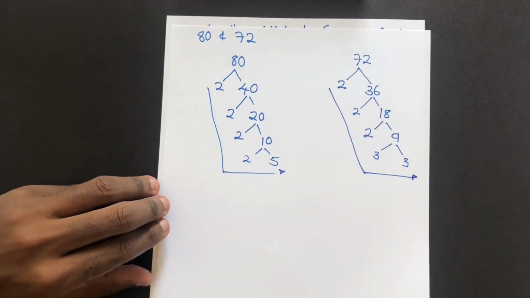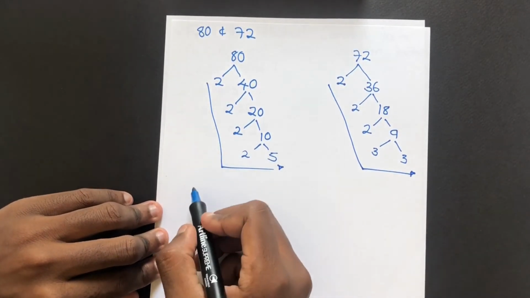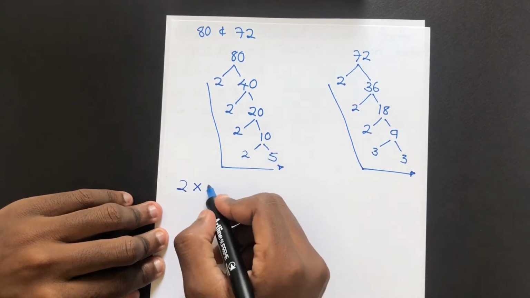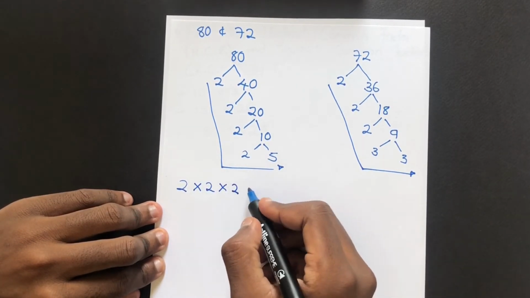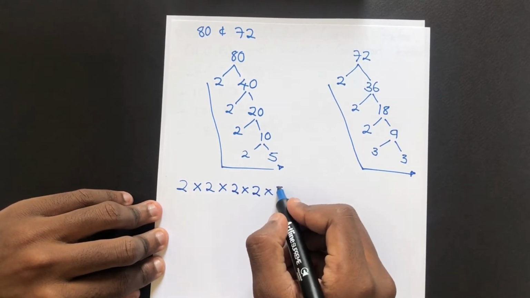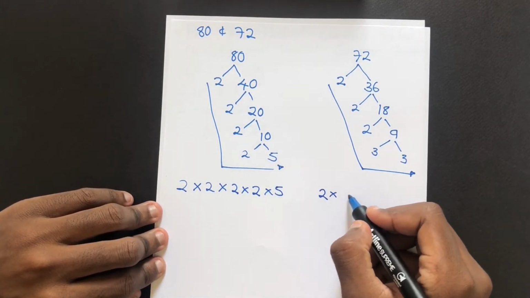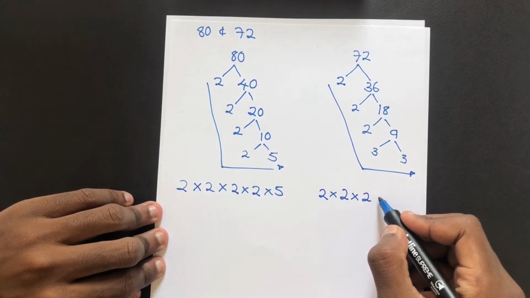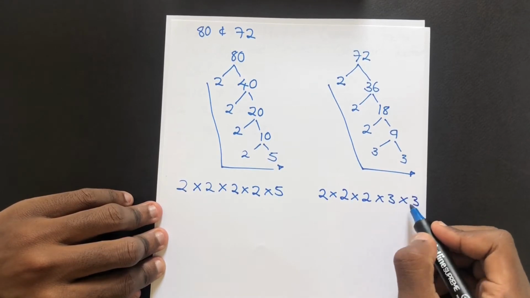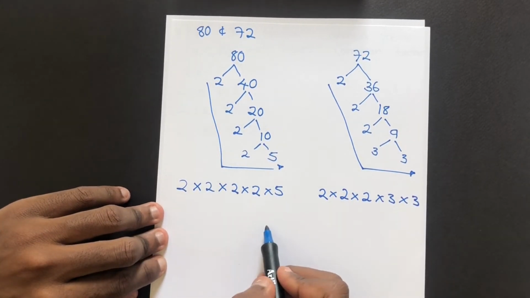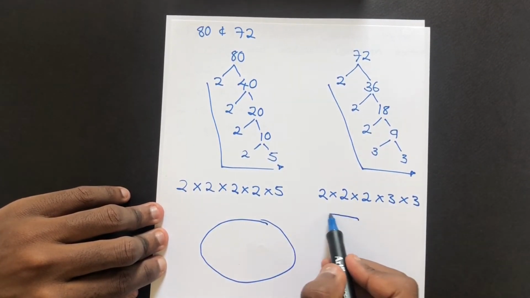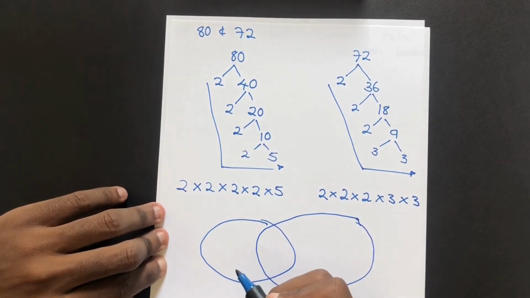So then we prepare that list: 2, 2, 2, 2, 5, and 2, 2, 2, 3, 3. Then we create that Venn diagram for 80 and 72.